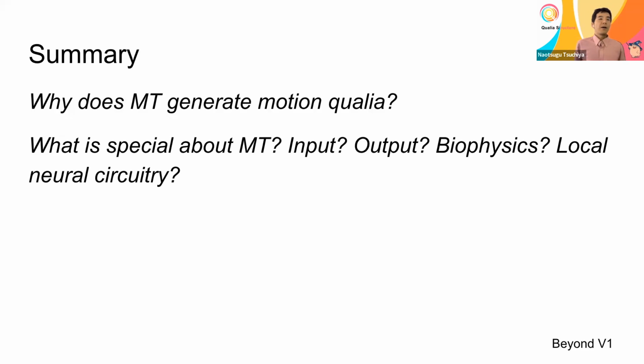But is there anything special about MT? Can there be any kind of special thing here that is related to the motion? For sure, the neuron here is not moving at all. It's always static.